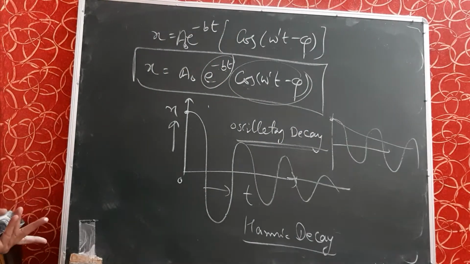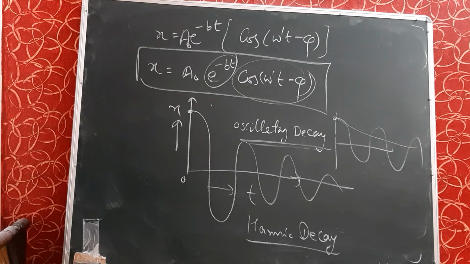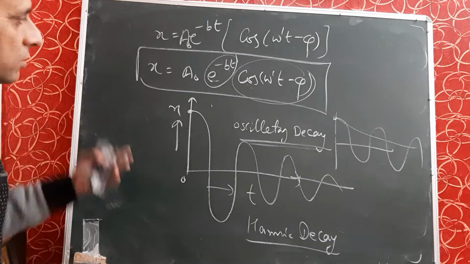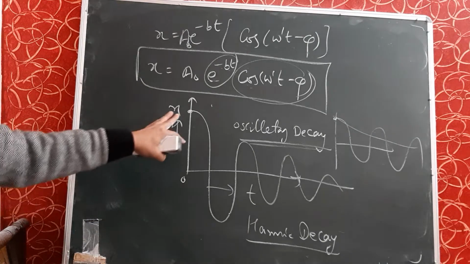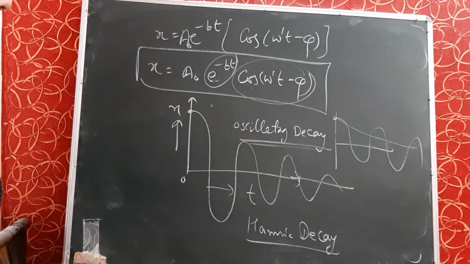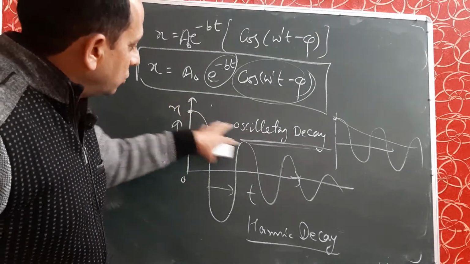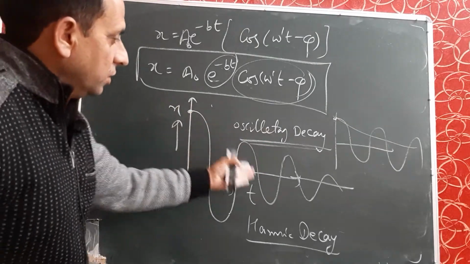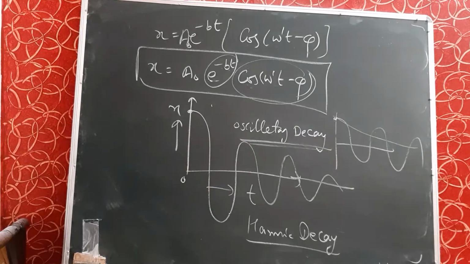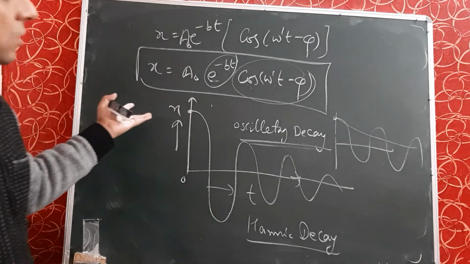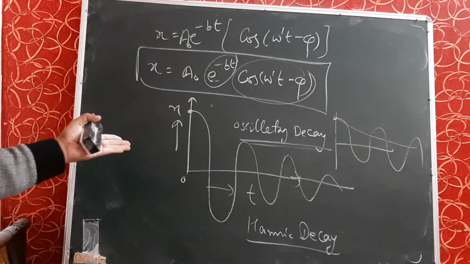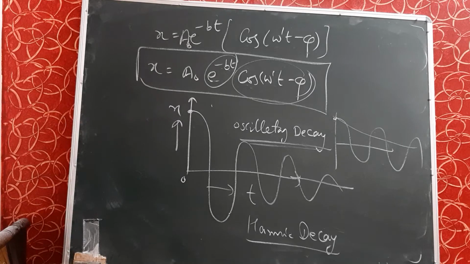Damping means decay. This third case is very important because it shows that the damping is oscillatory. Damping is there, decay is there, as well as oscillations. So, oscillatory damping. In the first and second case, damping is simple, which was not oscillating, but in the third case, the damping is oscillatory damping.